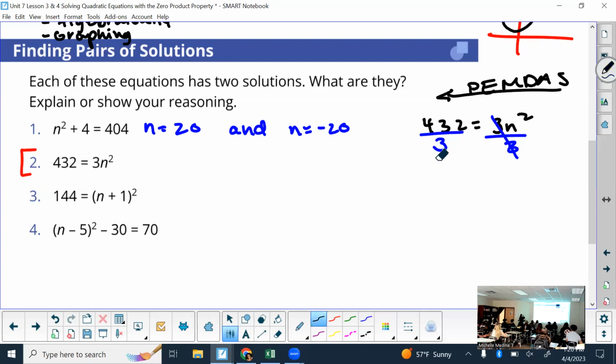Okay, great. 144 equals n squared. N is not alone. What's the opposite of squaring something? Getting the square root. Whatever you do on one side. What is the square root of 144? Not just 12, but so that's why anytime you square root something, get into the habit of putting this symbol.